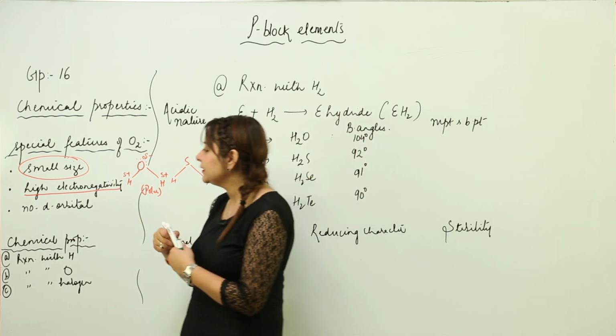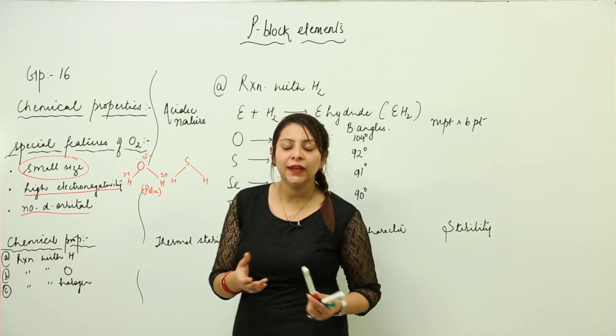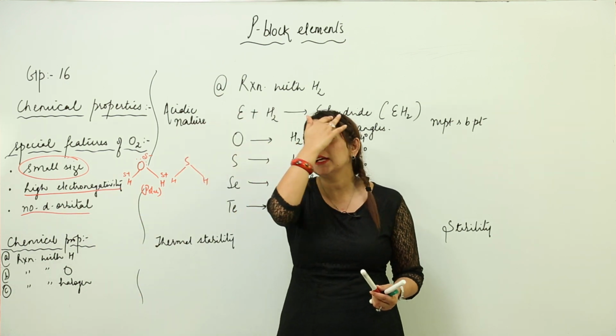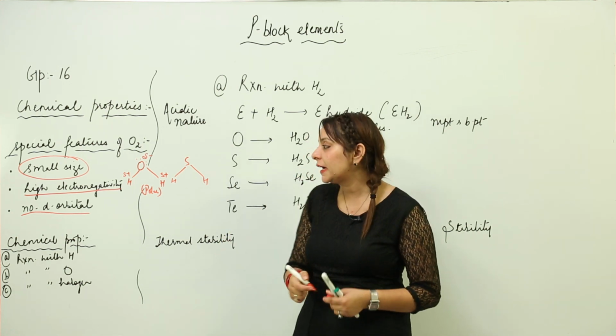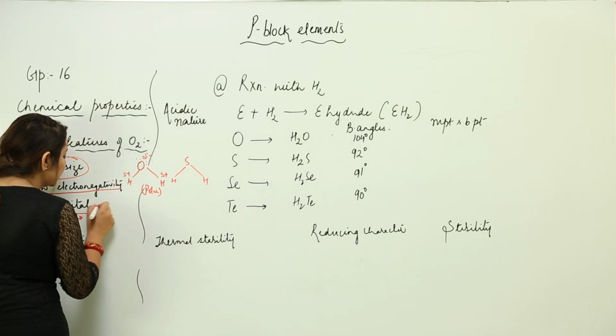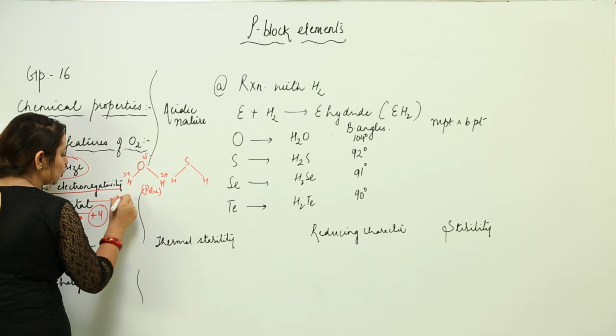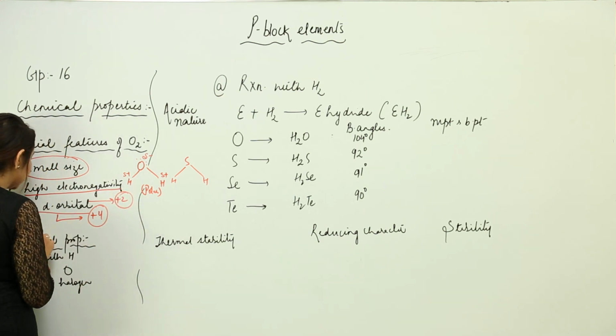The third property is that it has no vacant d orbital, so it cannot extend its oxidation number beyond a certain limit. The maximum covalency it can exhibit is 4, but generally it exhibits 2, and moreover it is a gas.